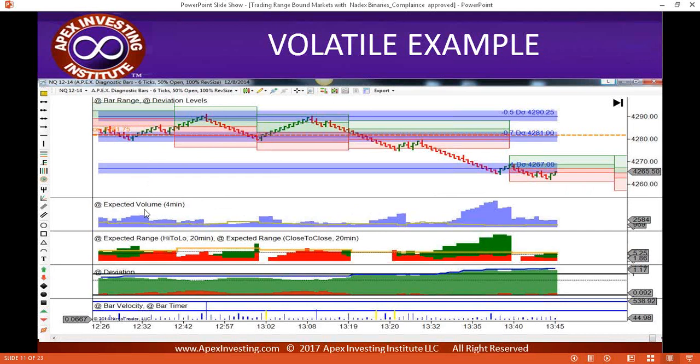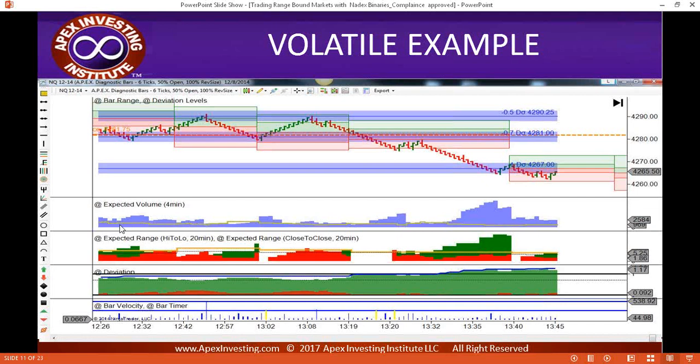Notice this indicator right here as well. This is what we call our expected volume indicator. It looks historically at the historic volume for this week of the month, day of the week, hour of the day. See this yellow line? That shows you historically the level of volume for this time period.